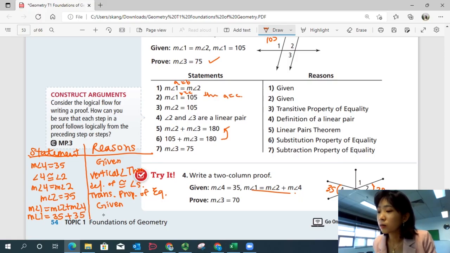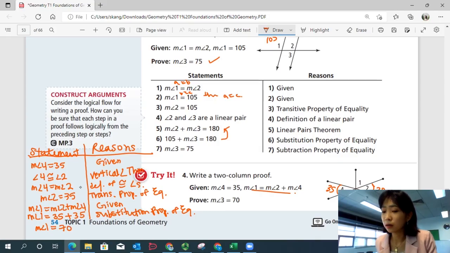By what reason? Substitution, because we already know that they both equal 35. Substitution property of equality. And then what? And then we just compute, right? 35 plus 35 is equal to 70.